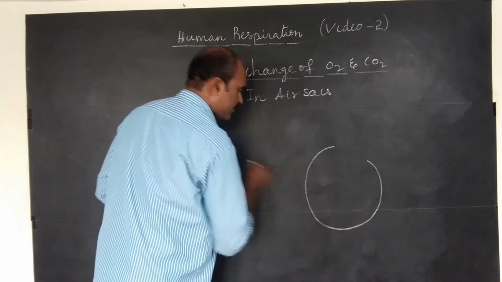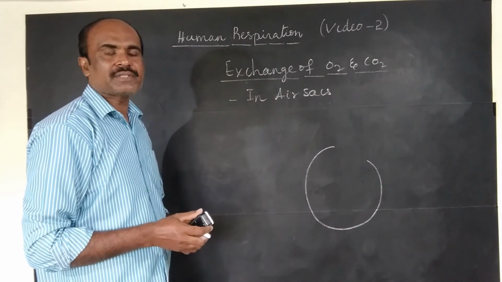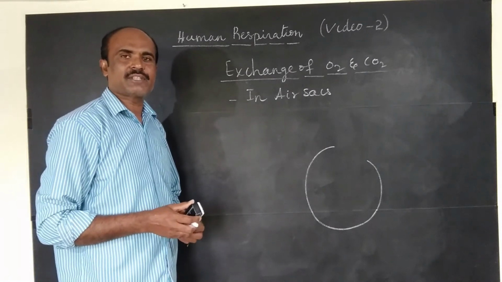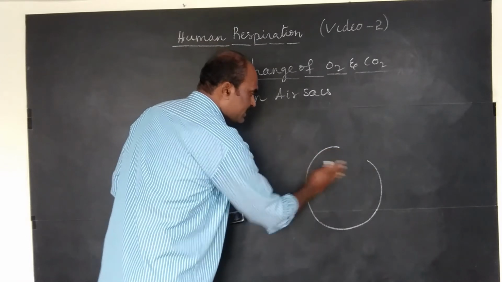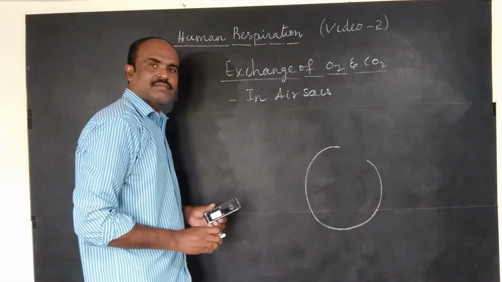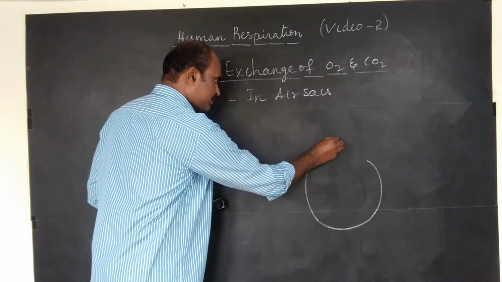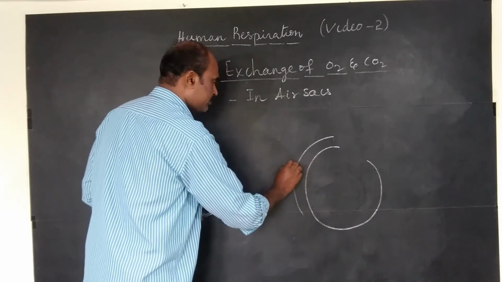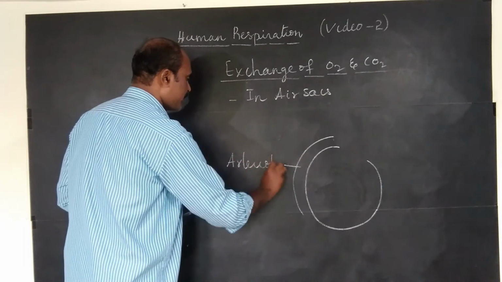Air sacs are richly supplied with arterioles and venules. Collectively you can write air sacs are richly supplied with blood vessels. See, this is the cavity of air sac. This is arteriole.